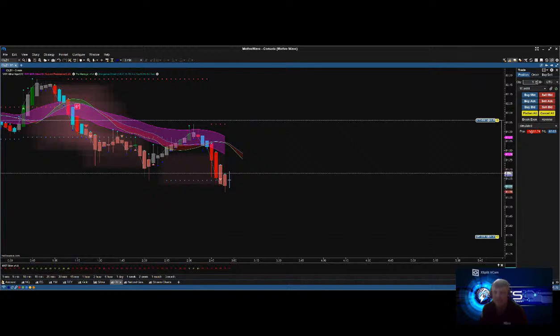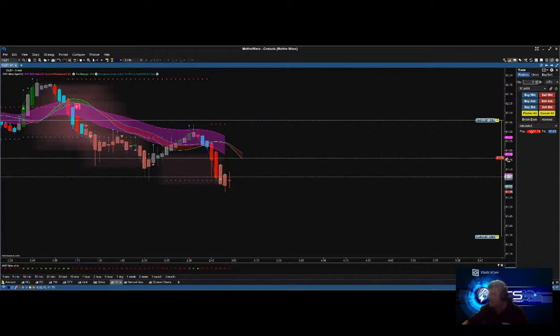One tick below, if you're scared. Okay. 174. Man, that gives it no room. No room for nothing. So just be mindful of that.